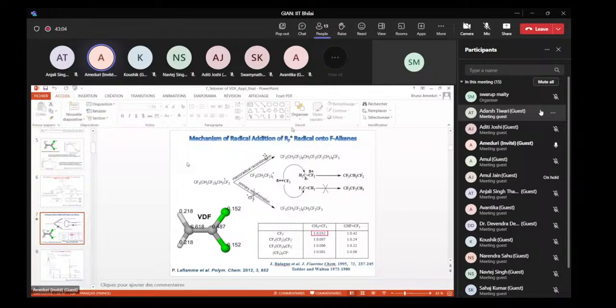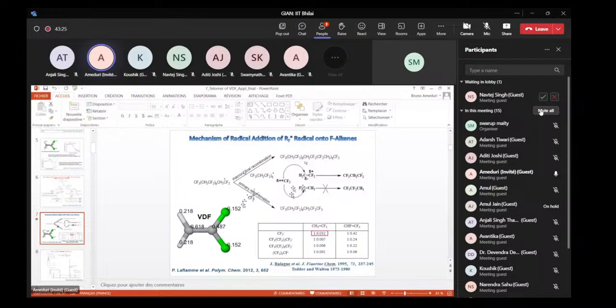And indeed, when you look at the efficiency of the CF3, I will mention how you can generate CF3, the CF3 radical onto VDF, this is much more favored than the addition onto the CF2, since we evidenced, I won't go into details, by fluorine NMR, that we didn't see the presence of these CF3, CF2 groups in this case.